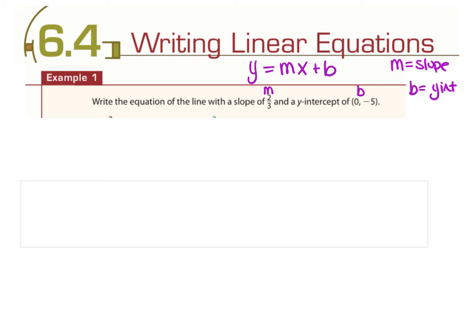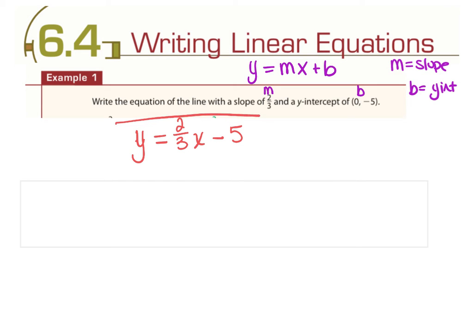And so we are legitimately just going to rewrite y equals mx plus b. We're going to plug in m and b. That's simple. So I'm going to say y equals, instead of m, 2/3 x plus or minus, what is my y-intercept? -5. So I'm going to say -5.